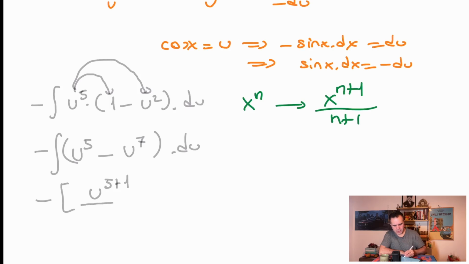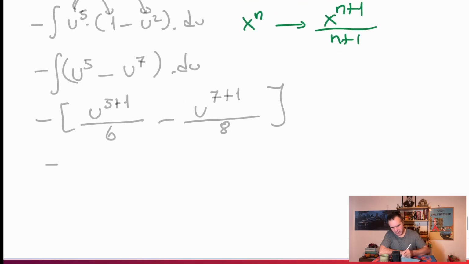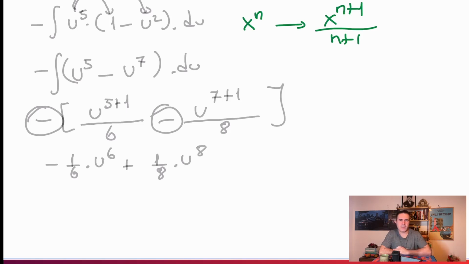The exponent becomes 6 and we divide by 6. Minus u. We add 1 to the exponent and the exponent becomes 8. We divide by 8. Okay. Minus 1 over 6 times u to the power of 6, and minus times minus is plus 1 over 8 times u to the power of 8.